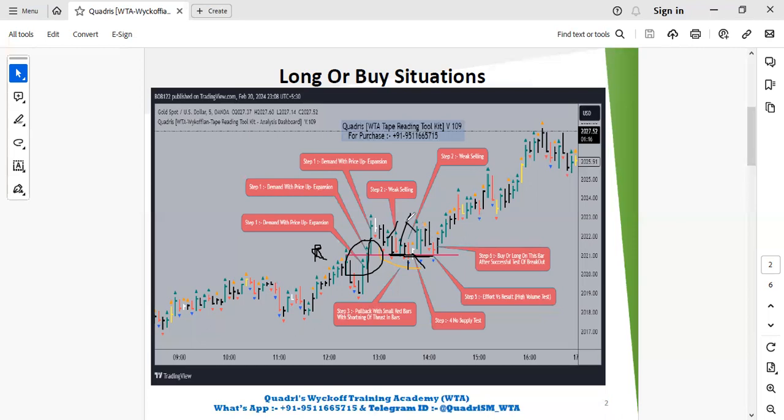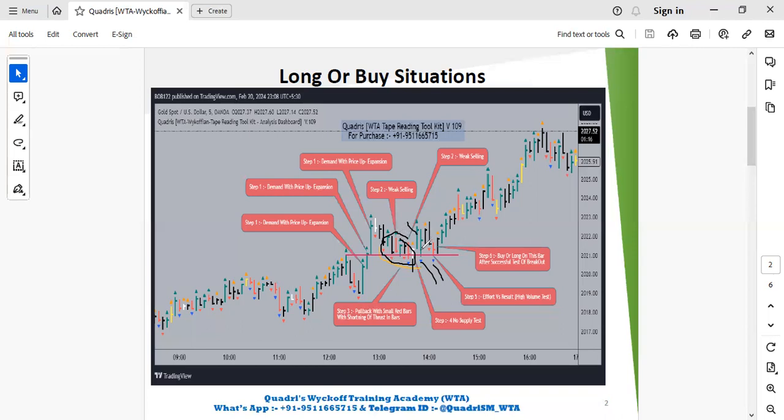Now, if you see this particular bar, it has eaten up all the efforts from the sellers to take this market down. And that is the reason we can see two tests. This one is no supply. This one is no supply, followed by the demand, which has eaten all the efforts of the supply.